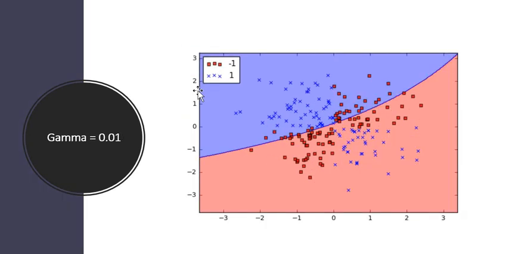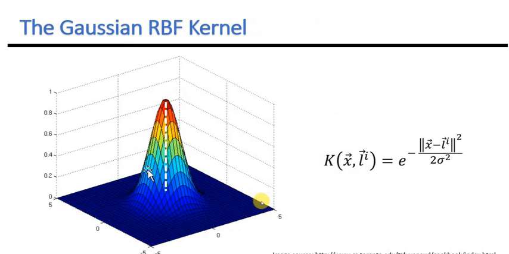But when visualizing it in a three-dimensional space, this curve actually becomes higher and curvier. So this is basically the influence of increasing the value of gamma, which I have illustrated here on the RBF kernel function.